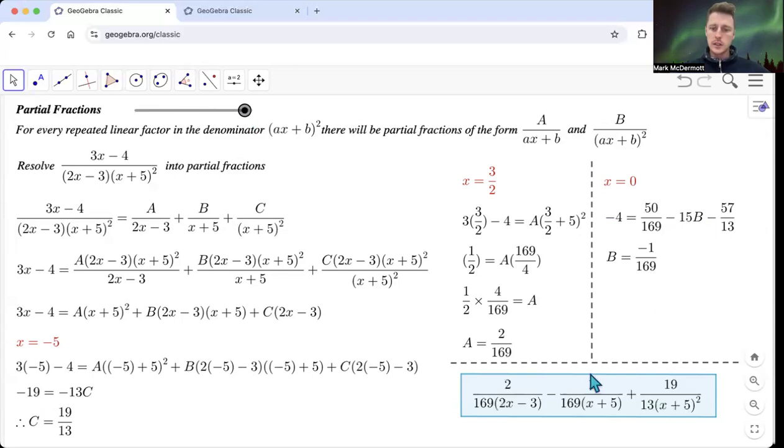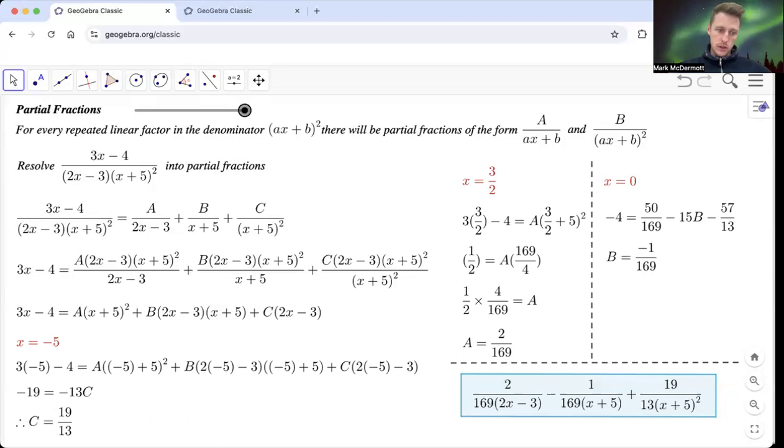And finally, this ominous blue box can be filled in. Our partial fraction decomposition for this fraction is 2 on 169 multiplied by (2x - 3). That's this first part. Minus 1 on 169 by (x + 5) plus 19 on 13 by (x + 5) squared.